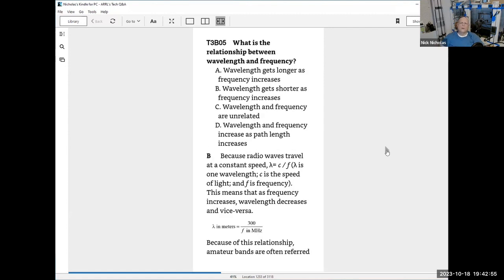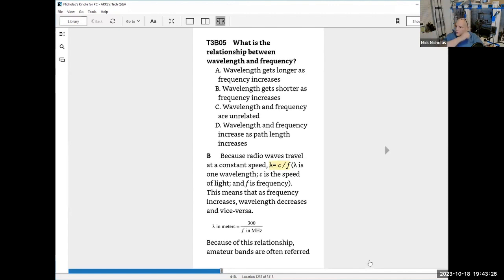So, what is the relationship between wavelength and frequency? Well, the answer here is B. The wavelength gets shorter as the frequency increases. But I think you want to look at this equation right here.